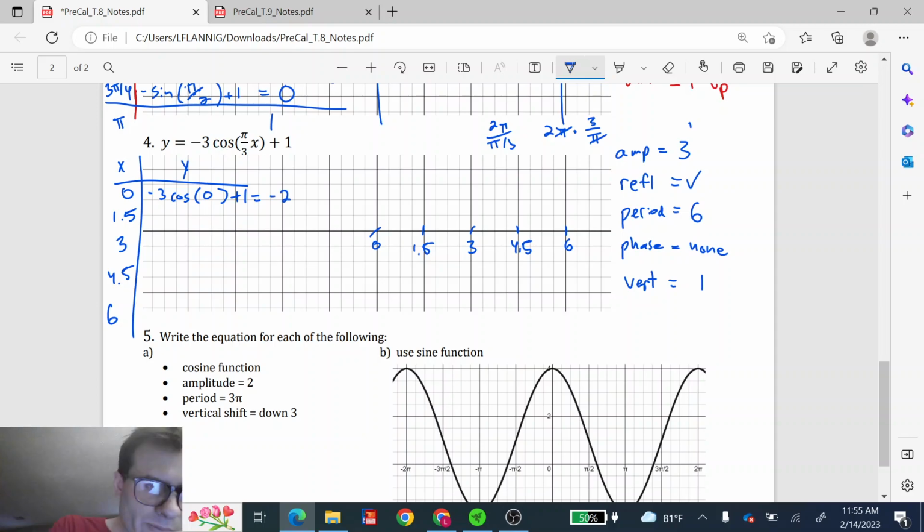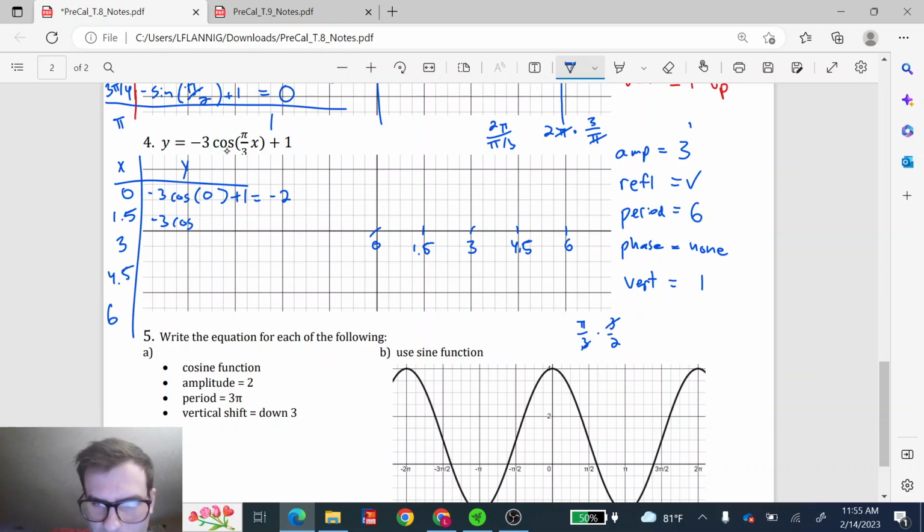Then we do -3 cosine of 1.5 times pi over 3. So we have pi over 3 times 3 halves.